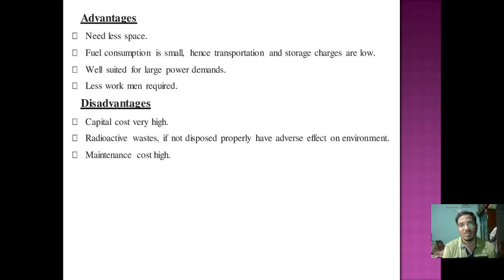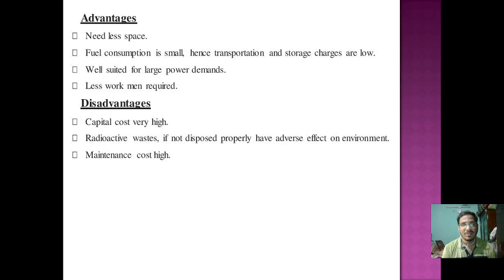A nuclear reactor will suit a large power demand, which is a very big advantage for the demand for nuclear energy production. Fewer workmen are required. Only the operator and some maintenance people are needed.